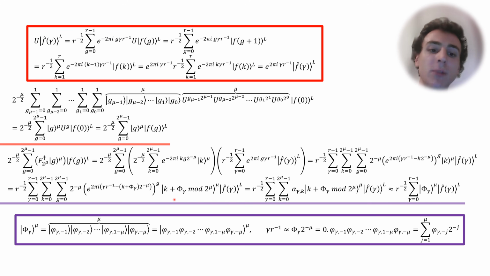But what we're going to do is have addition mod 2 to the mu. So we're going to use modular arithmetic. So this is not mod n, this is mod 2 to the mu. And mu is the number of qubits in register x. So why is this equivalent? Well, we're dealing with a cyclic type of relationship here.